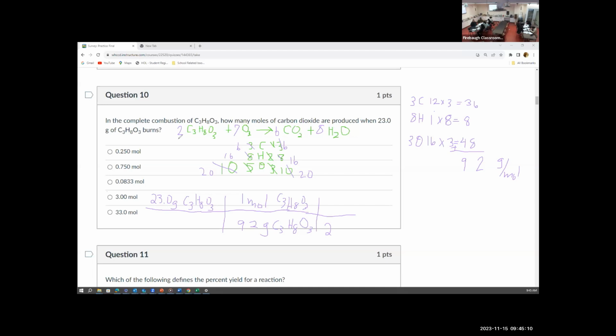So for every, based upon our chemical equation, we're going to have 2 moles of C3H8O3 to 6 moles, which is going to be on top, of carbon dioxide, because that's what we want.